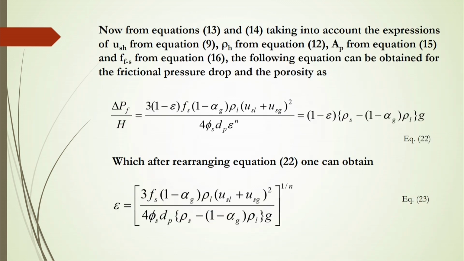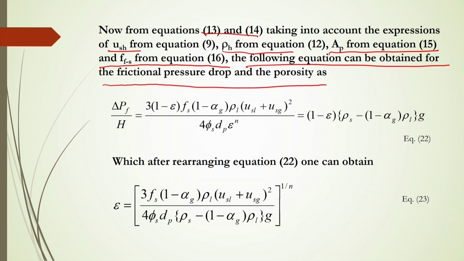Now, from equation 13 and 14, if you take into account the expressions for homogeneous mixture fluid velocity and homogeneous fluid density, and the A P from equation 15 and the friction factor from equation 16 for a certain gas velocity, then the following equation can be obtained for the frictional pressure drop and the porosity as like this.